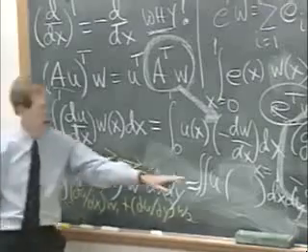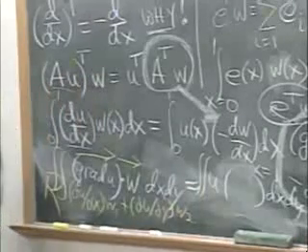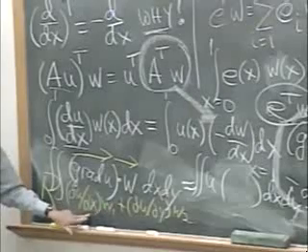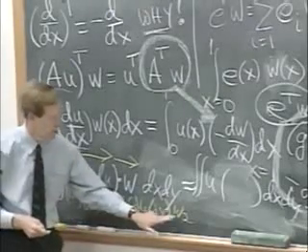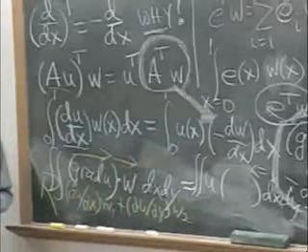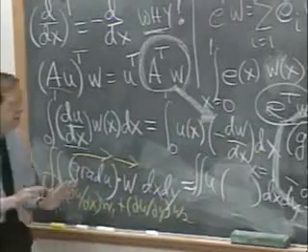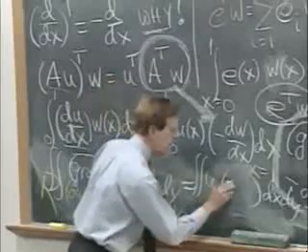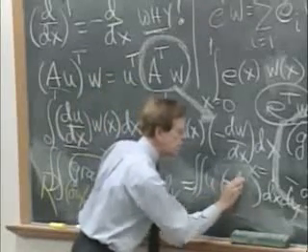So what do I have in here? I have minus the first guy with respect to x, and I have a minus w2 with respect to y, and what is it? That's the divergence. Right. So what we're seeing in here is minus the divergence of w.